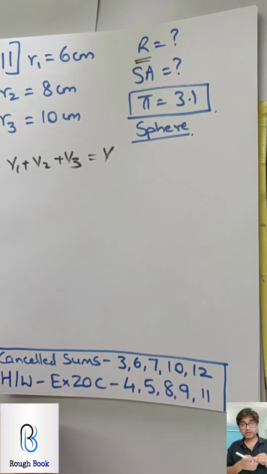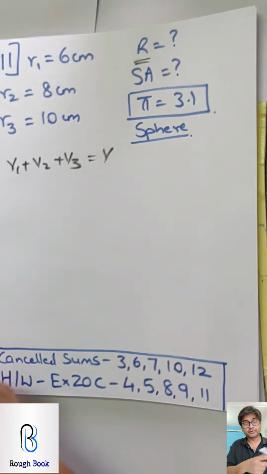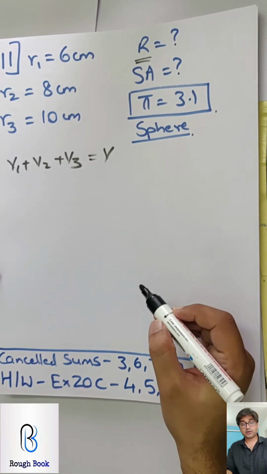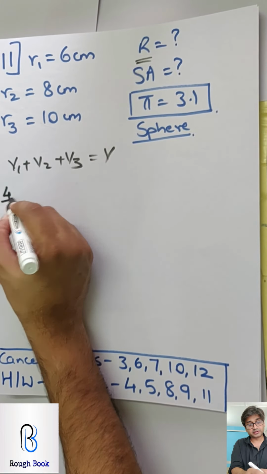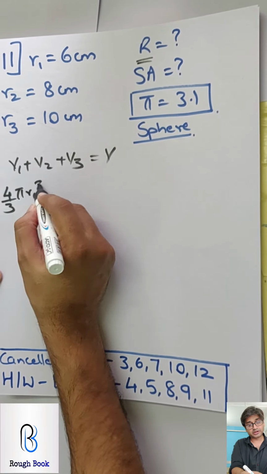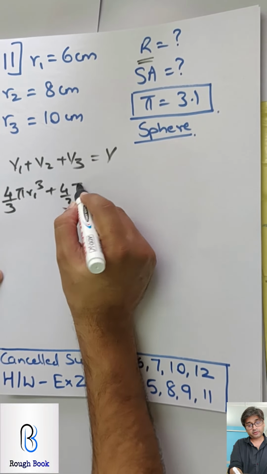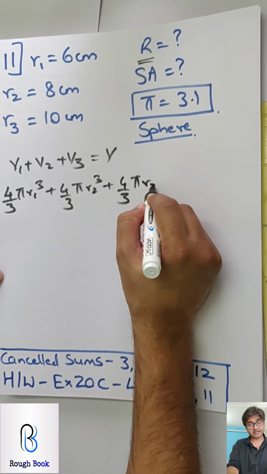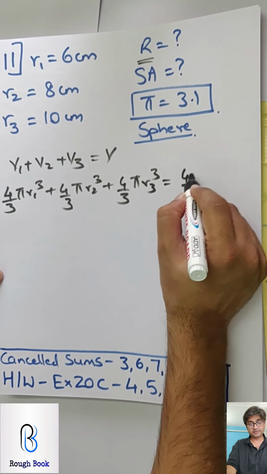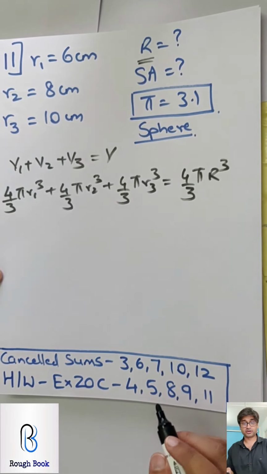Are you getting this? Because 3 spheres of smaller volumes together make a bigger volume. So the volume formula for a sphere is 4 upon 3 pi R1 cube, 4 upon 3 pi R2 cube, 4 upon 3 pi R3 cube and 4 upon 3 pi capital R cube.